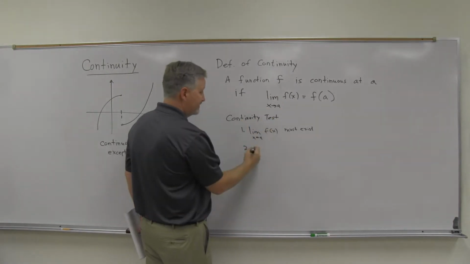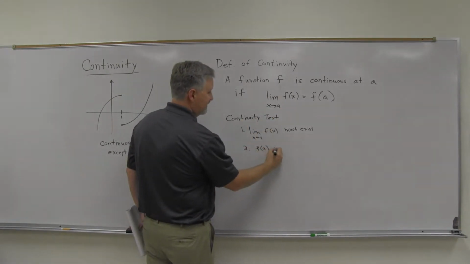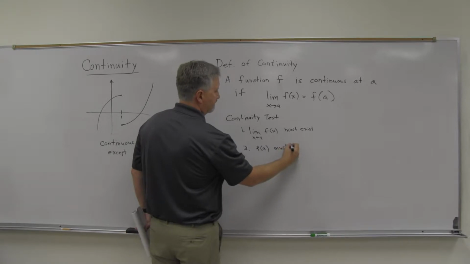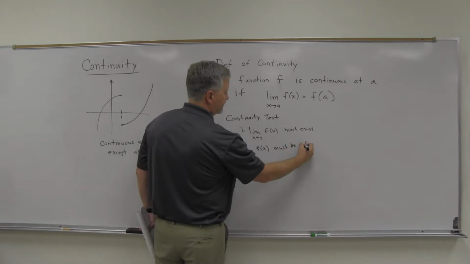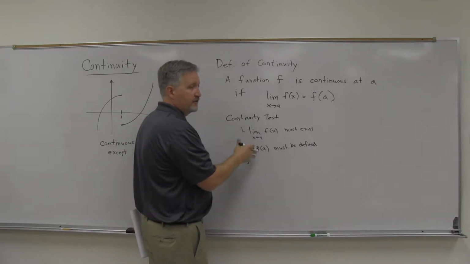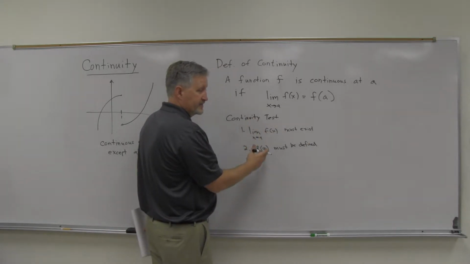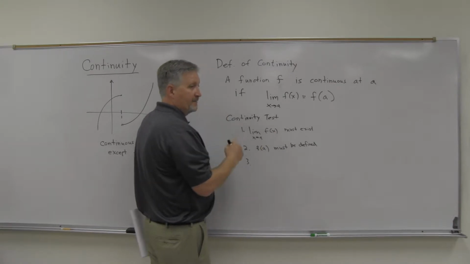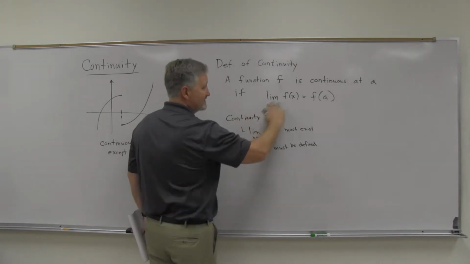Same thing for the function value: f of a must be defined. And then number 3, you could have both of those exist, but you still have to have a third thing, and that is the two are equal.